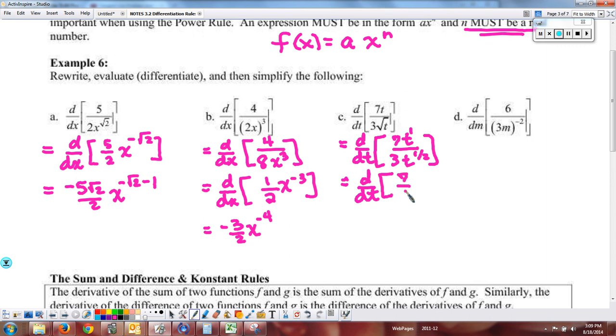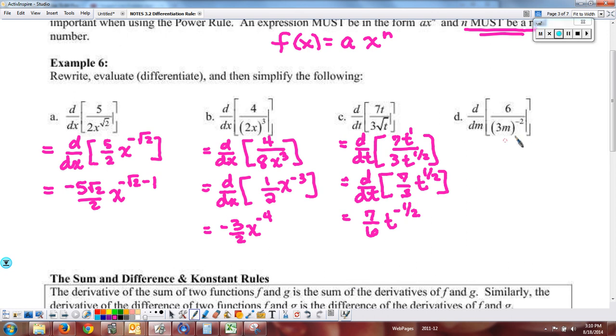So this would be 7/3 t to the 1 minus 1/2, or 1/2. And now I can perform the verb, take the derivative, 1/2 times 7/3, 7/6, t, 1/2 minus 1, -1/2.